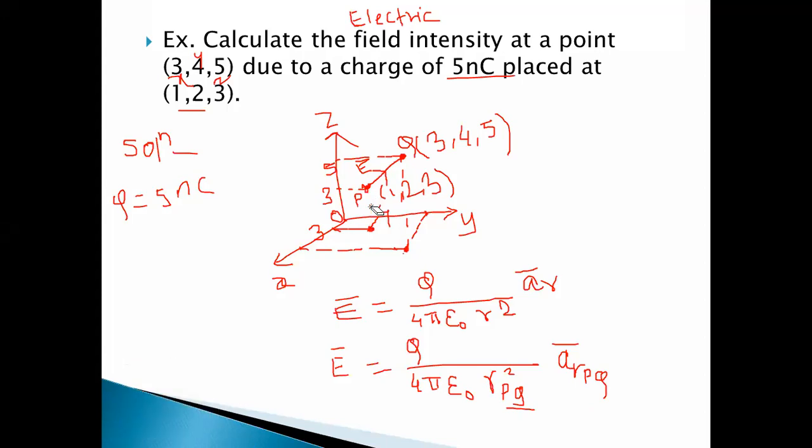Don't draw this line solid. Show it dotted because we are taking only points, and draw this vector PQ correctly because this is your electric field intensity.